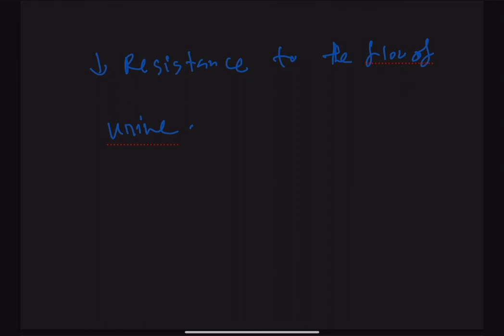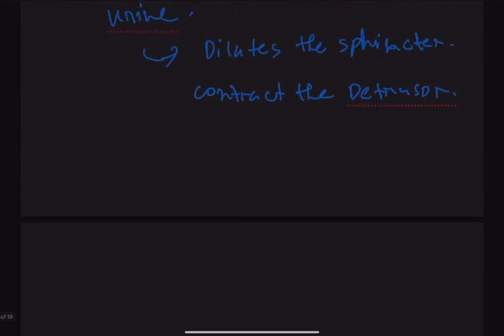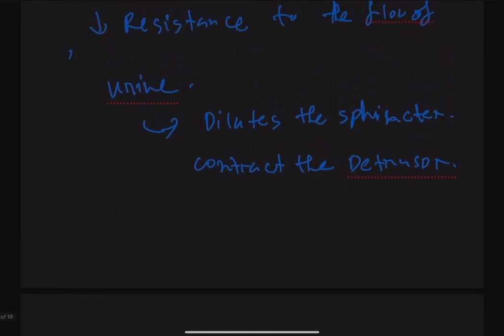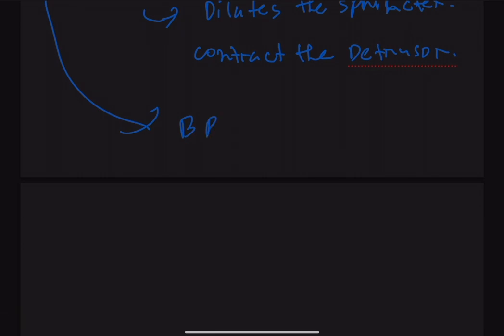Why it decreases the resistance of flow of urine? Because it dilates the sphincter, and it contracts the detrusor muscle. Okay, and thus it decreases the resistance to the flow of urine, and this thing is used in benign prostatic hypertrophy.